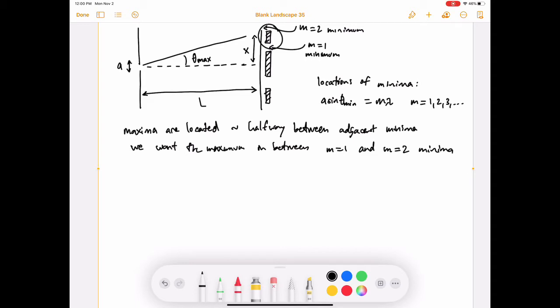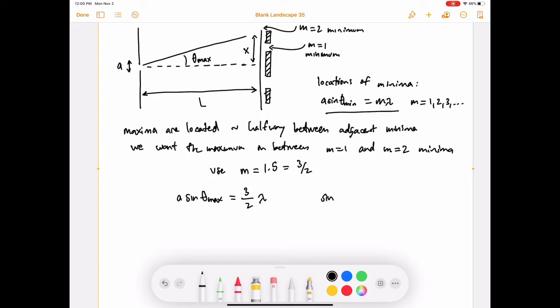We're looking for the maximum right here, in between m equals 1 and m equals 2 minima. So the way we could do this is we could simply use a half integer, 1.5 or 3/2 for m. And so now we have a sine theta max equals 3/2 times lambda. That's what we're plugging in for m in our original equation over here.